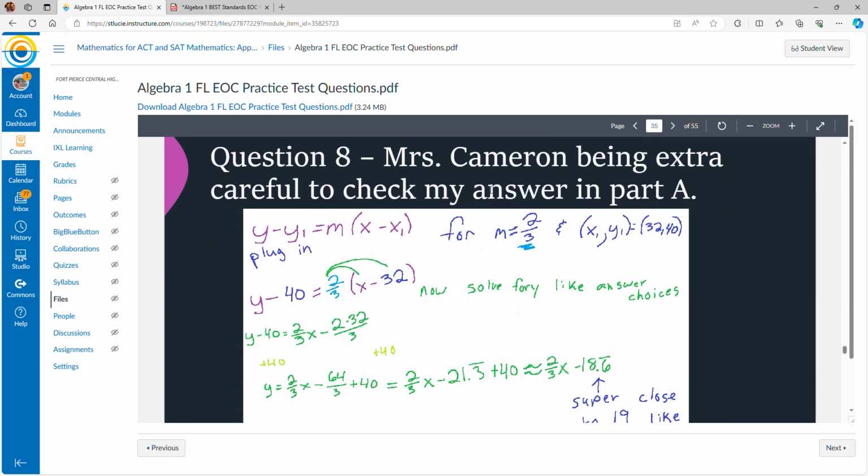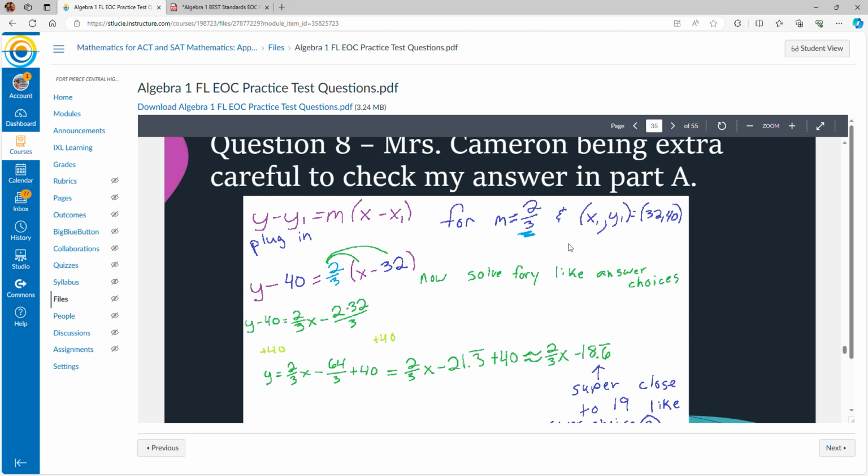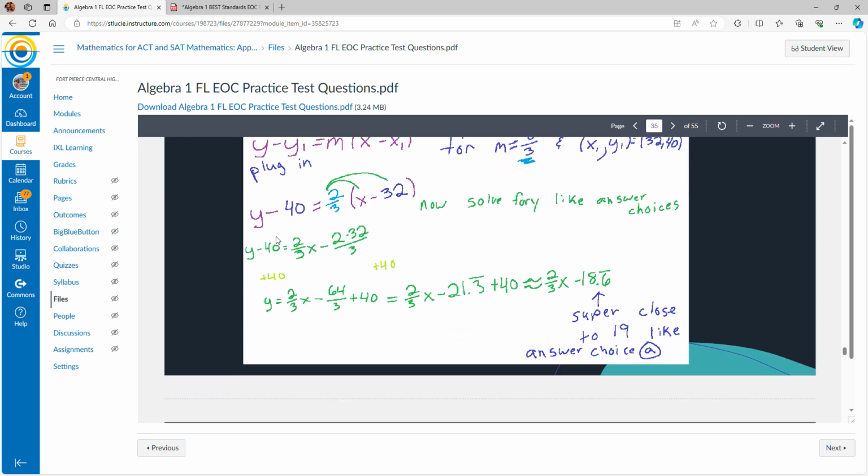And then I plugged it in. y minus y1 equals m times x minus x1, plugging in 2/3 for the m and plugging in 32, 40 for x1, y1 respectively, which gave me y minus 40 equals 2/3 times x minus 32.